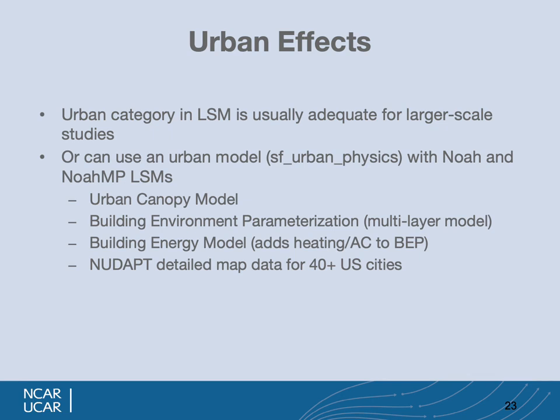There's a more global effort called WUDAPT, which also gives you detailed maps. And in these cases with BEP and BEM, you can directly ingest the map information into the urban model. But the more default method is to just use the urban category. And we do have, at least for North America, the 3-category simple map that can come from the GEOGRID stage.